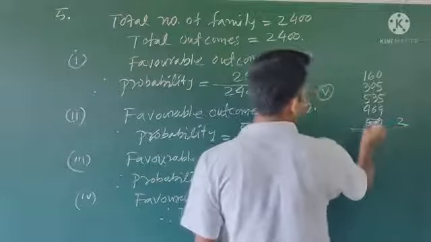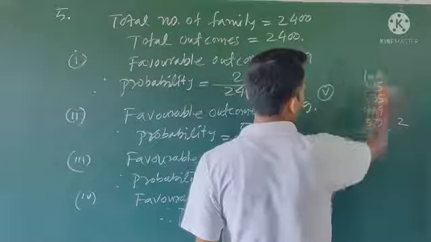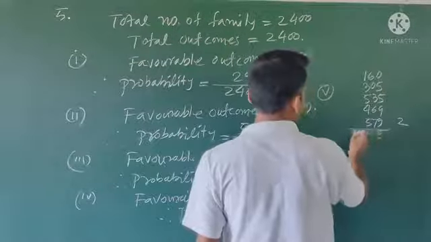Again 2 in hand. 5 plus 5 is 10, 10 plus 4 is 14, 14 plus 4 is 18, 18 plus 2 is 20.